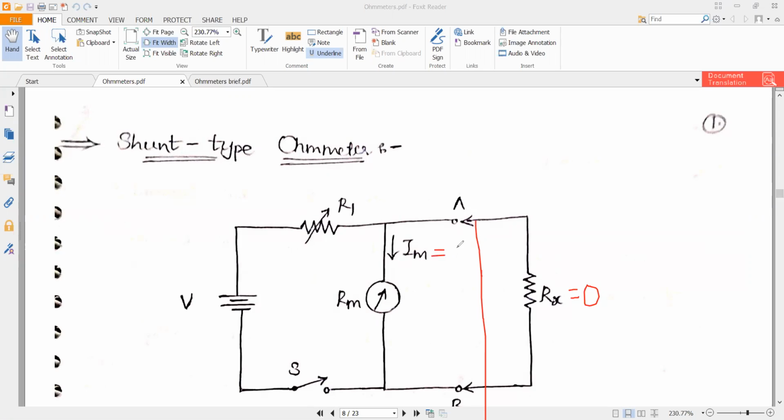The meter deflection across this one is null. This is the first case.